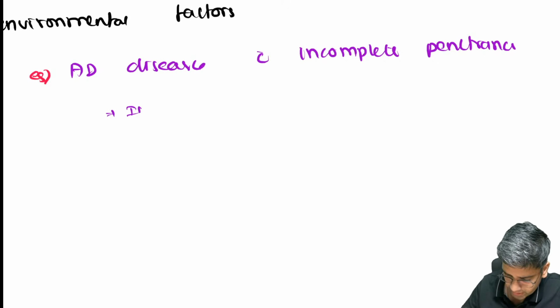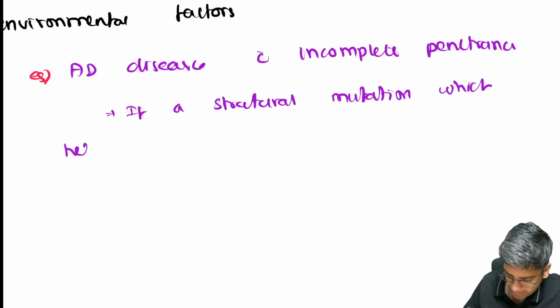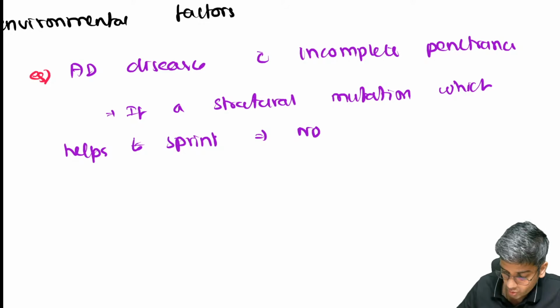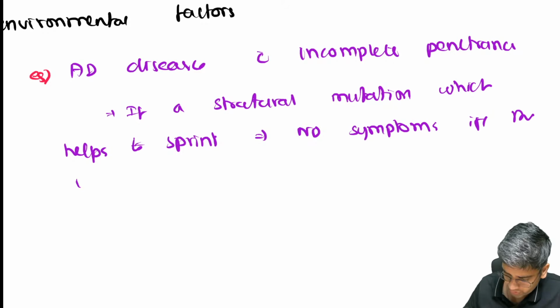If a structural mutation, in my lectures I might have given an example for this, which helps to sprint, there'll be no symptoms if the individual is not a sprinter.